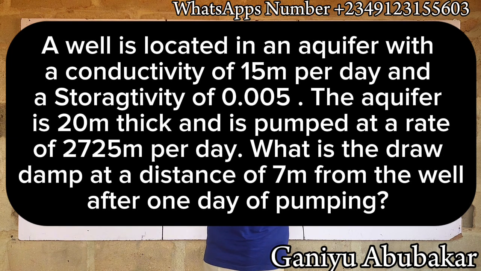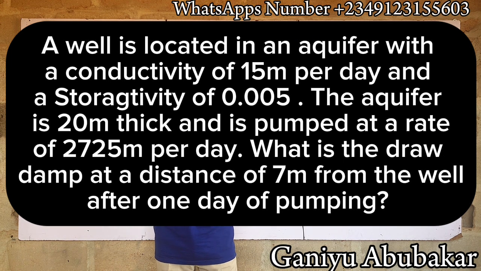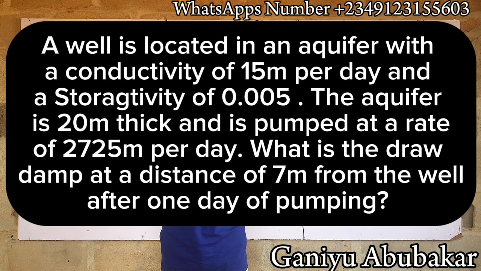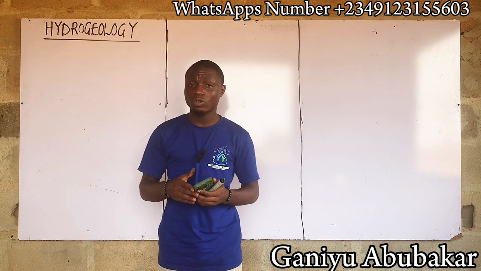The aquifer is 20 meter thick and it is pumped at a rate of 2725 meter cube per day. What is the drawdown at a distance of 7 meter from the well after 1 day of pumping? So let's get this question done, please.